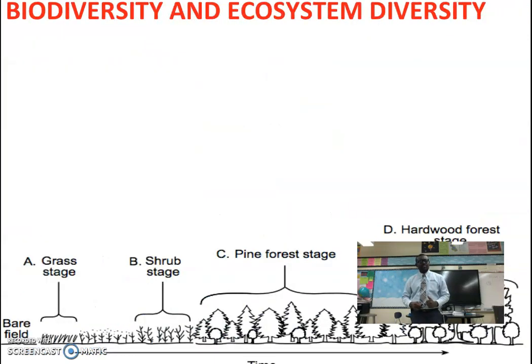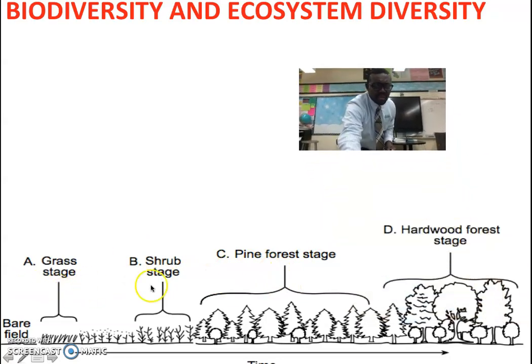So here we are looking at biodiversity and ecosystem, ecological succession, or ecosystem diversity. This graph represents an ecological succession graph.